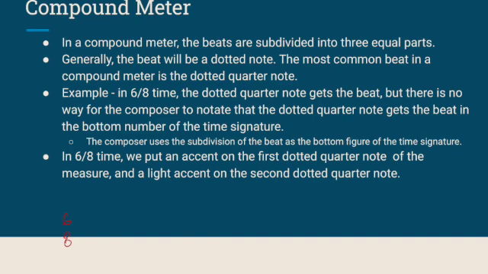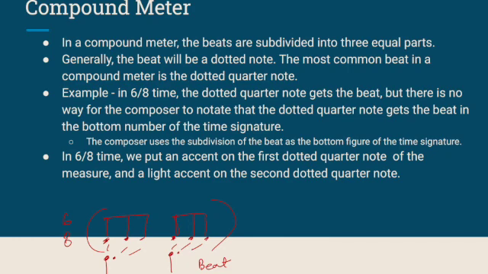So 6/8 time, right? We know there's 6 eighth notes. This top part is kind of our subdivision, meaning that we're dividing this dotted quarter note, which is our beat, into 3 equal parts, because 3 eighth notes fit inside of a dotted quarter note.